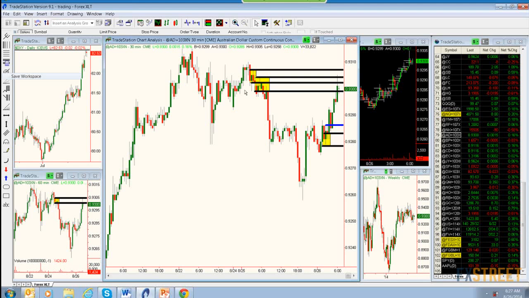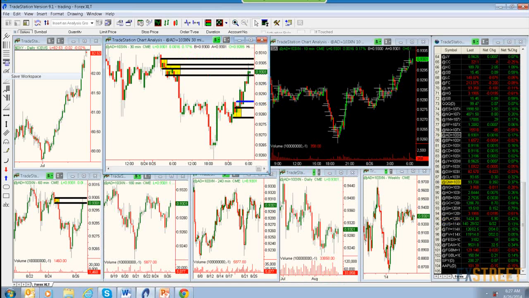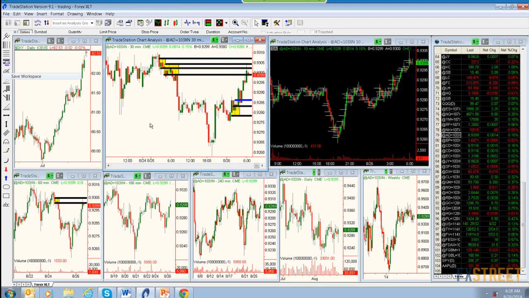I just found little small time frame levels inside this bigger time frame level. Again, getting in at the level, getting out before the opposing level.